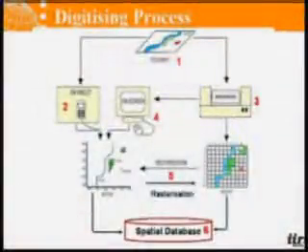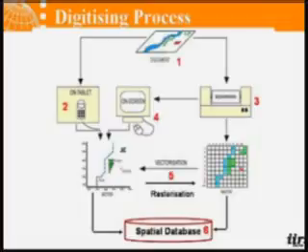So your database is ready. While doing it, you are also removing the errors and finally bringing it to the usable spatial database. The other method is you put it under a scanner and scan your map, then bring that file onto the screen, and then you again digitize, converting it into your vector format.